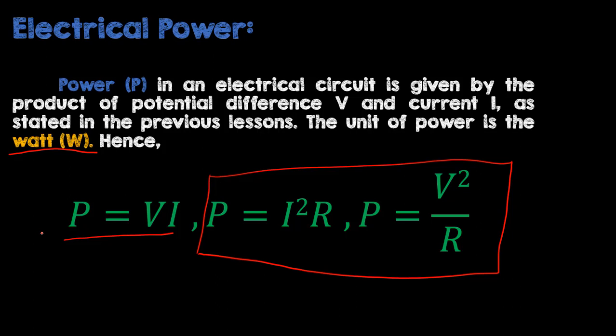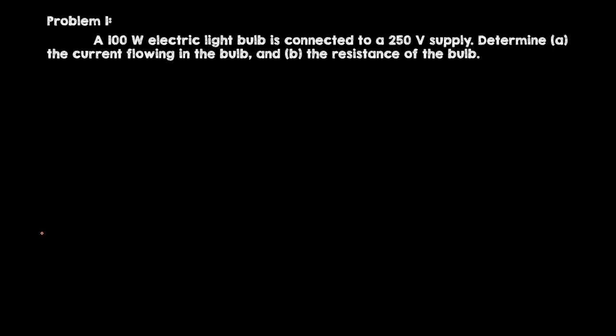So, pagdating natin dun sa ating next chapter, yung next lesson, yung energy, dun yung makikita kung paano gumagana yung ating watt hour or yung kilowatt hour or yung power consumption natin sa ating mga bahay. So, as of now, dito muna tayo sa electrical power. So, let's proceed para sa ating problem number 1.